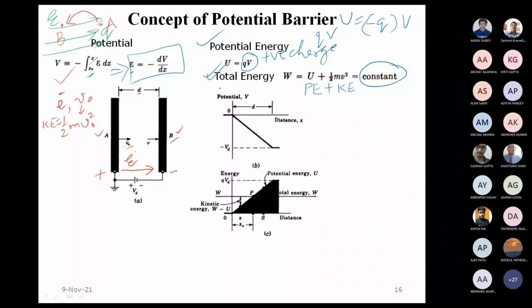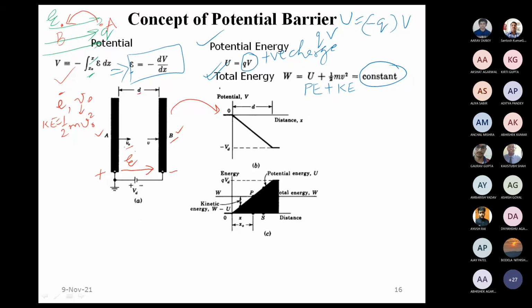The second graph here is showing the potential variation between the plates. Plate B is at a negative potential as compared to plate A, or we can say plate A is at higher potential than plate B. Both are the same thing.